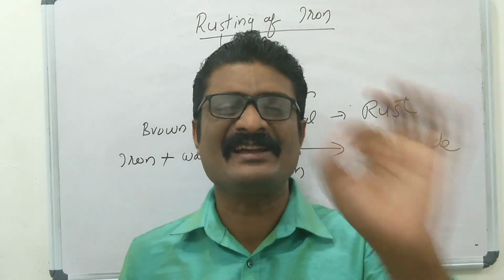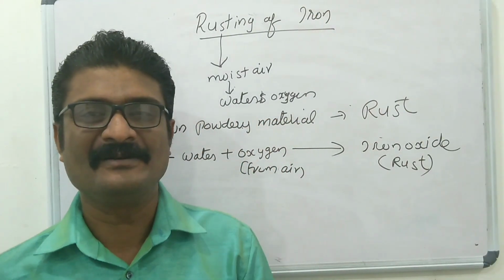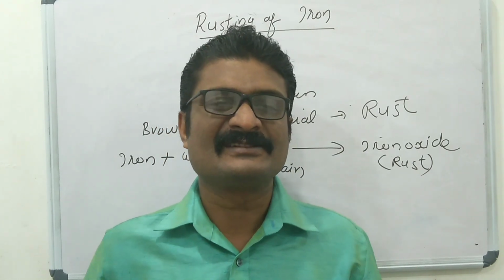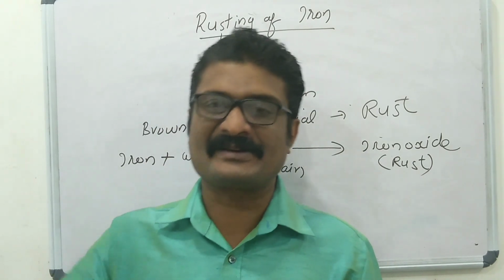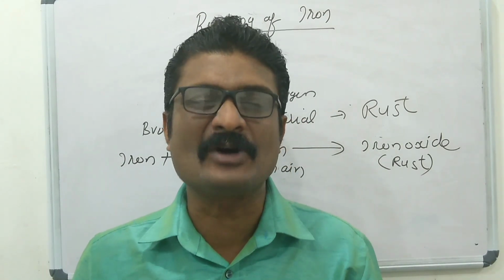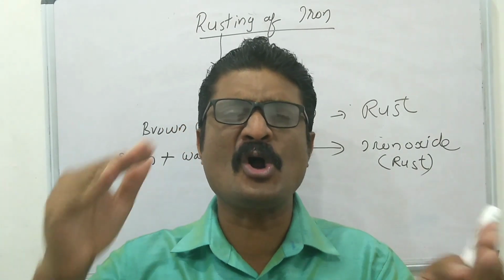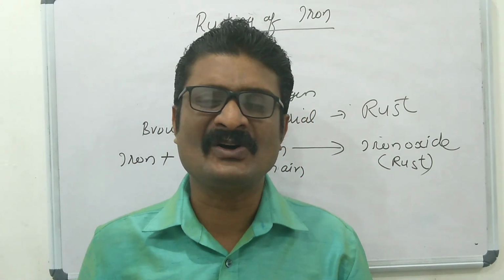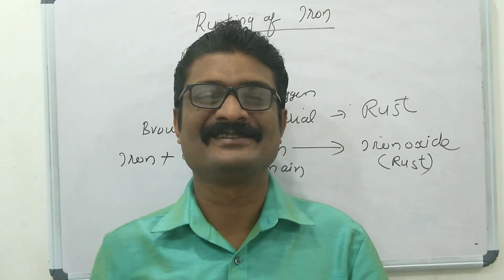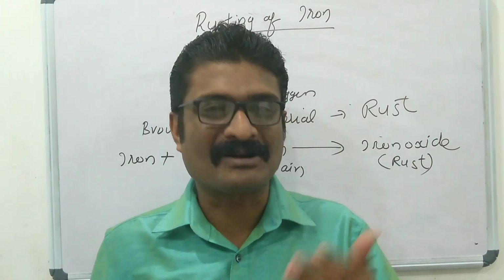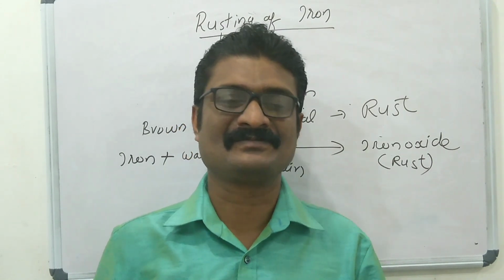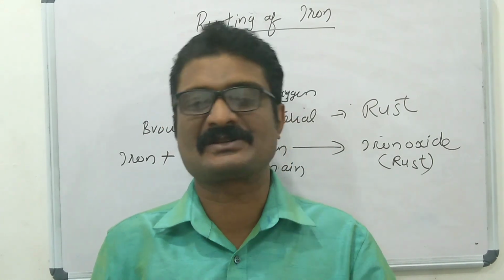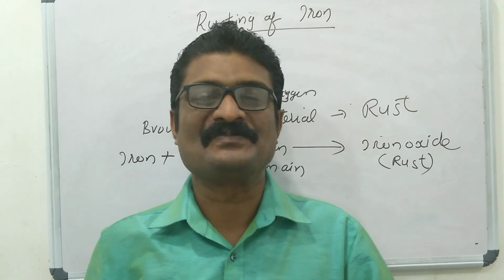Why is rusting undesirable? Because the rust destroys the iron articles. It goes on reducing the iron, and so the bridge or ship or car or truck that is made of iron becomes weaker and weaker.